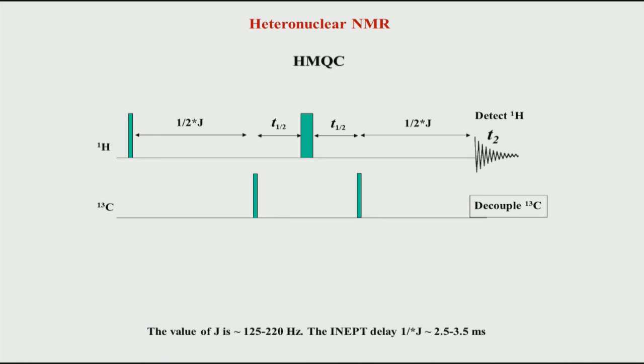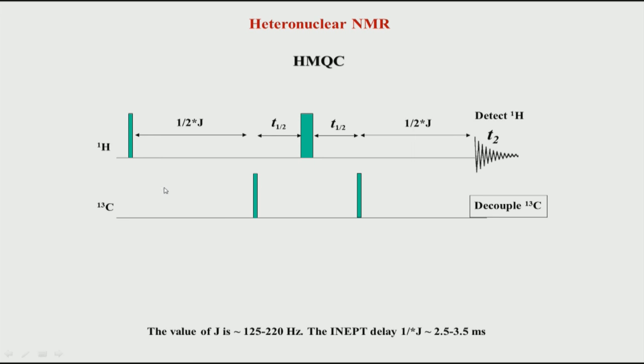But let us have a look at how HMQC is different from HSQC and where it has a better advantage compared to HSQC. So, the pulse program is shown here. It is a little bit similar to what we saw in HSQC. This horizontal line is called the proton channel, and the pulses applied in the proton channel are shown here, and pulses applied on the carbon channel are shown here.